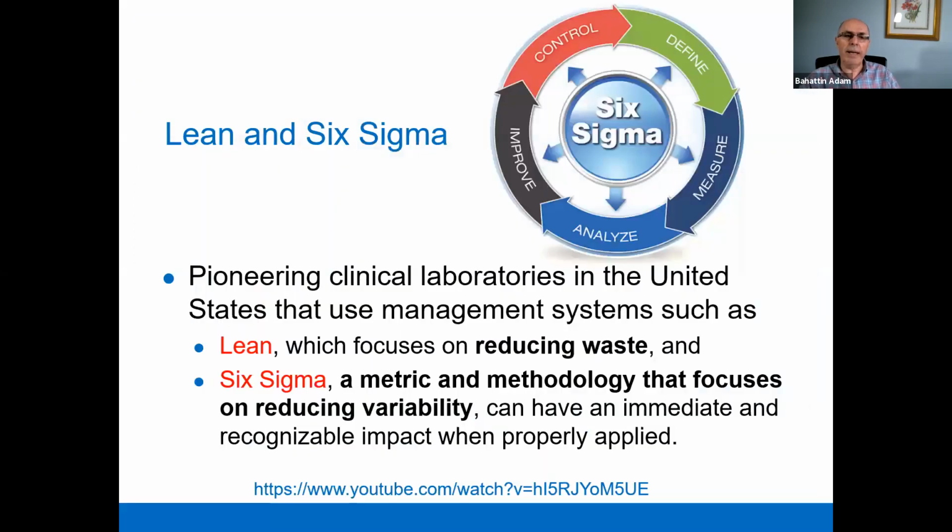Now, Lean and Six Sigma are two methods of quality control that we implement in the laboratory. These are pioneering clinical laboratories in the United States that use management systems such as Lean and Sigma. Lean focuses on reducing waste. What can be waste?